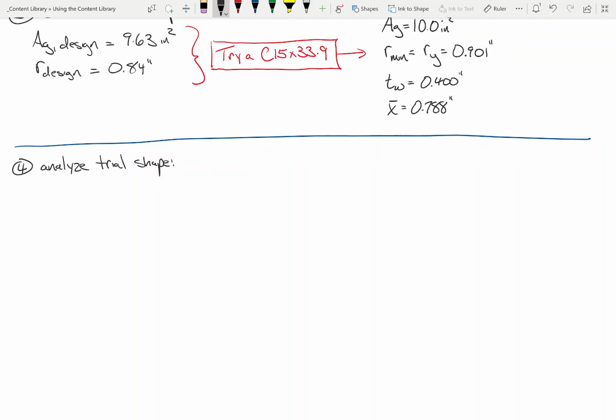In order to do our limit states at the end, we need all of our properties, which means we need to start out, now that we have a shape, by computing the net area. How am I going to compute this? What's the formula going to be? The net area equals the gross area minus what?